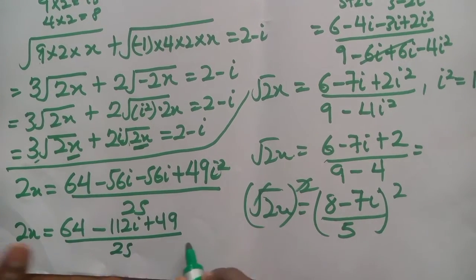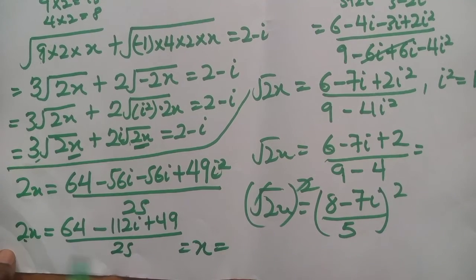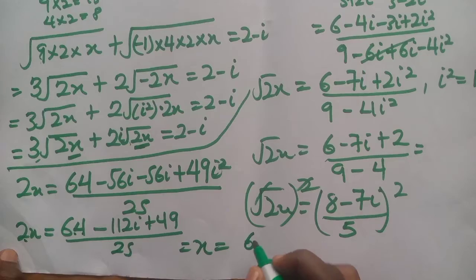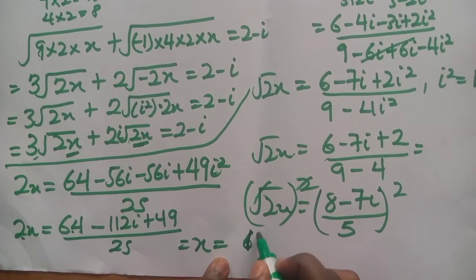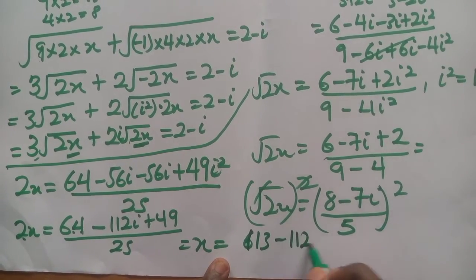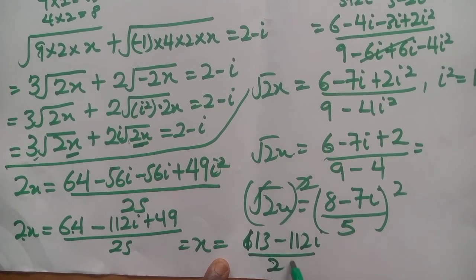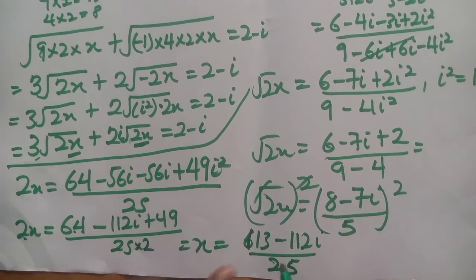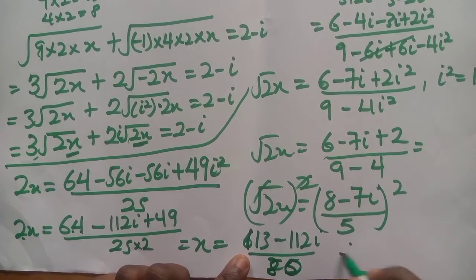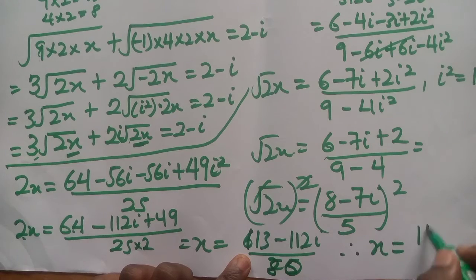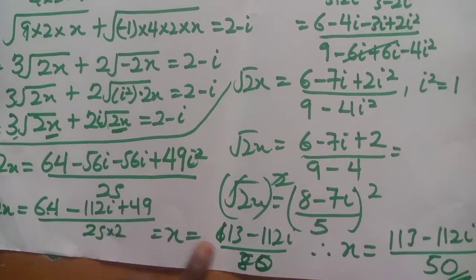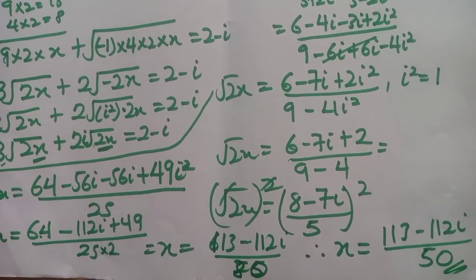So from here we have x equal to, 2 comes here, and we have 64 plus 49, which becomes 113, minus 112i, being divided by 25 times 2, which becomes 50. Therefore we can conclude that x equals 113 minus 112i divided by 50. So that will be the value of x in this case.